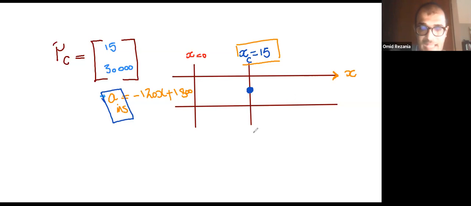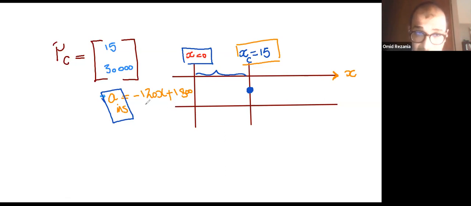Okay. And now, what happens on the x-axis? What happens if I put some number between x equal to 0 and x equal to 15, which shows the extent of this interval? I'm just going to pick a completely random number, let's say 10.